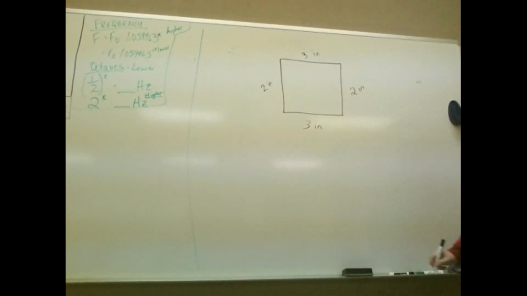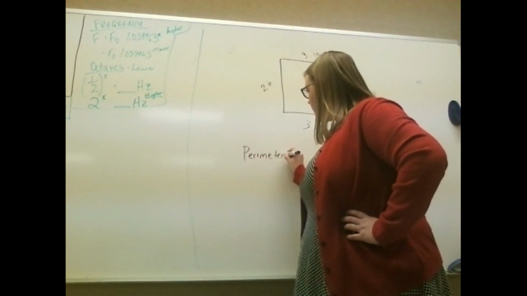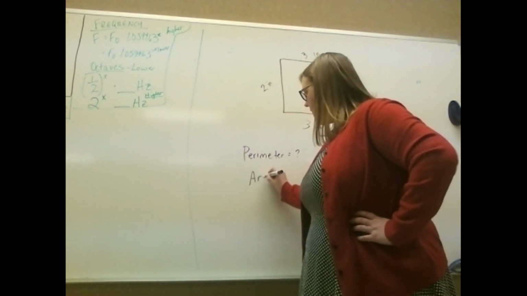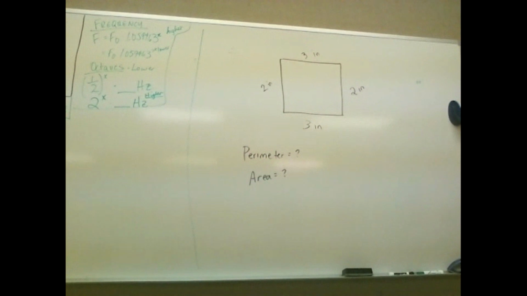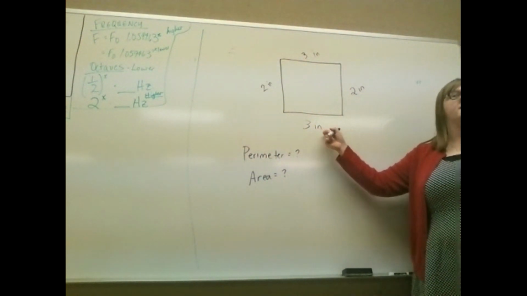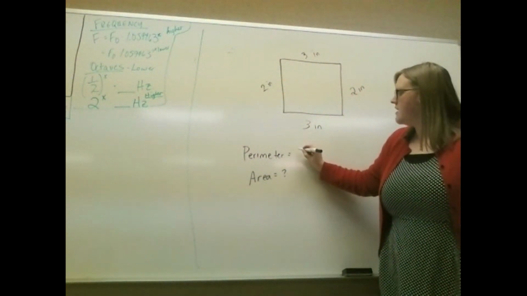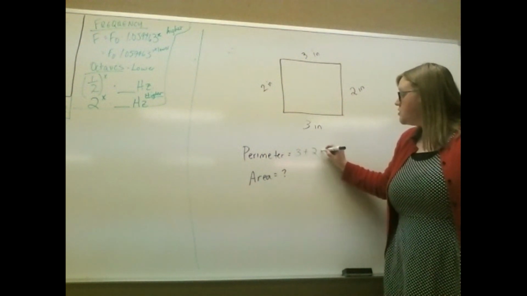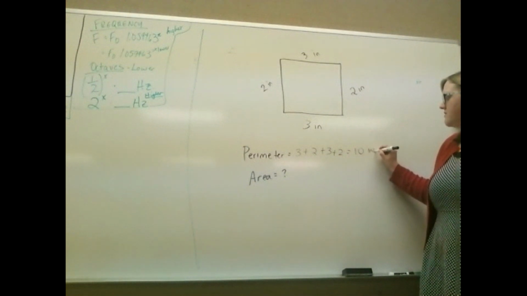All right, and we want to find the perimeter and the area. All right, so to find the perimeter, all we have to do is add up all of the lengths of the sides. So our perimeter is 3 plus 2 plus 3 plus 2, which gives us 10 inches.